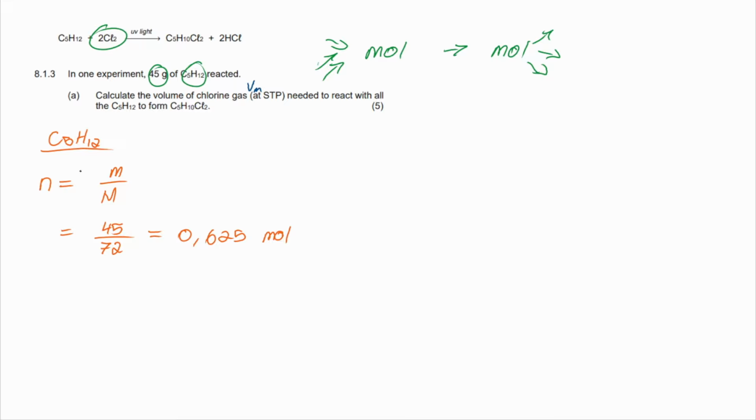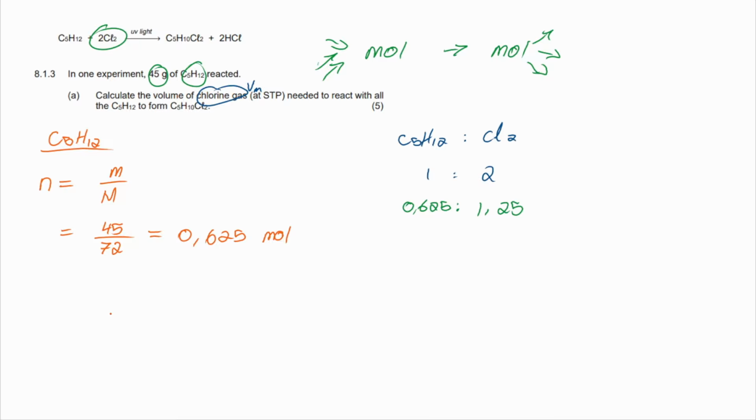Now we have to do a mole ratio between C5H12 and Cl2, because they're asking for chlorine gas. Remember, this is not chlorine gas. The mole ratio is 1:2, and we have 0.625 of this, so we're just going to double that. 0.625 times 2, very conveniently, is 1.25. So we have the moles of chlorine now.